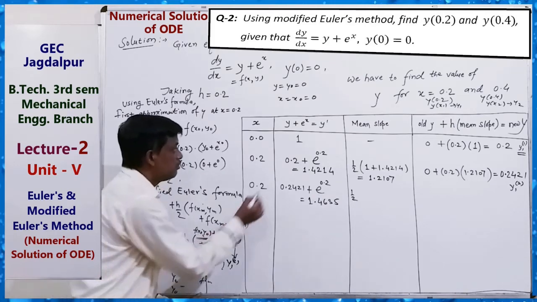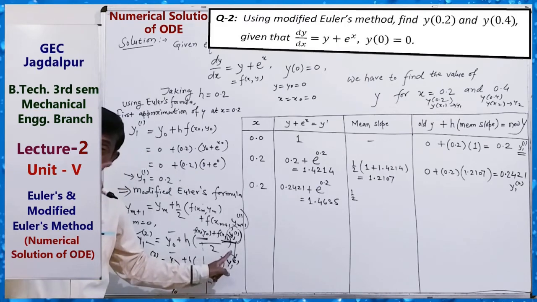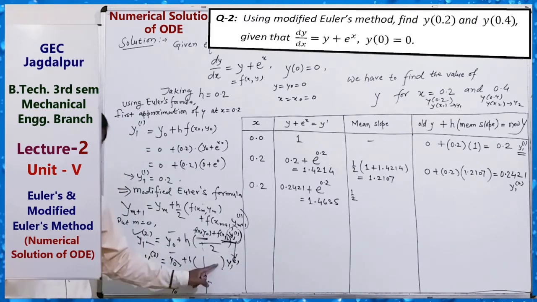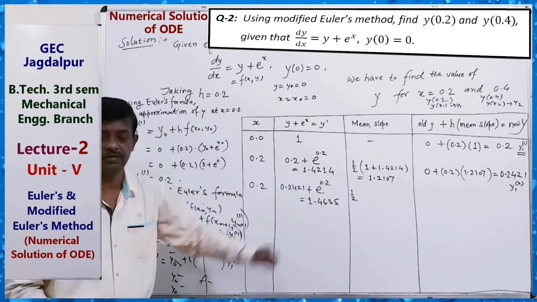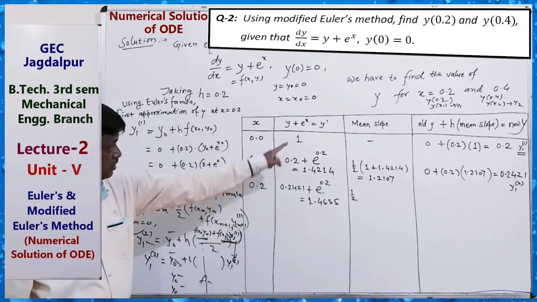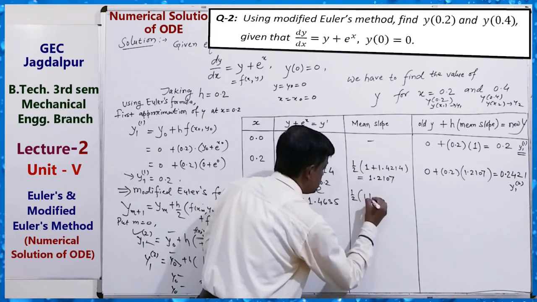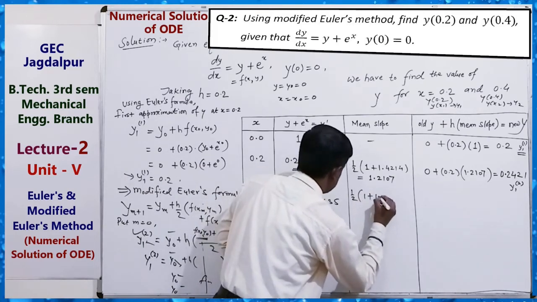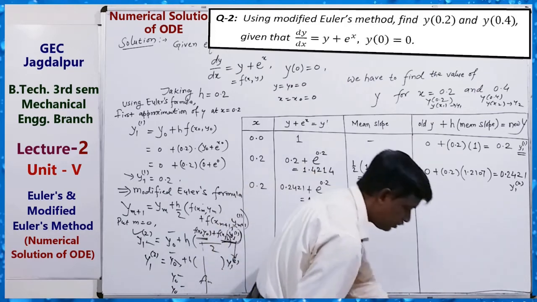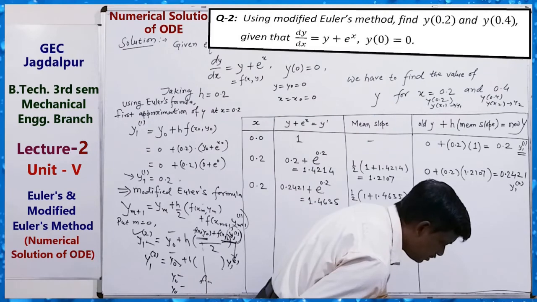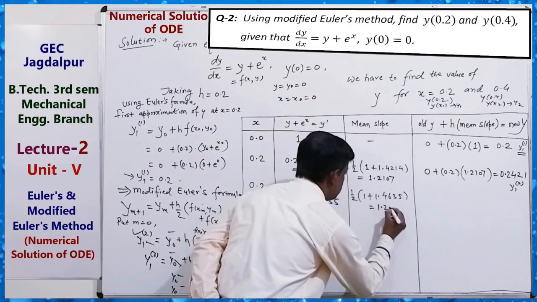So that is the first one plus the slope with the value of the recent y, that is this value. So 1 plus 1.4635 equals 1.2317.